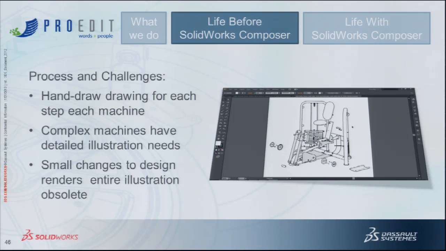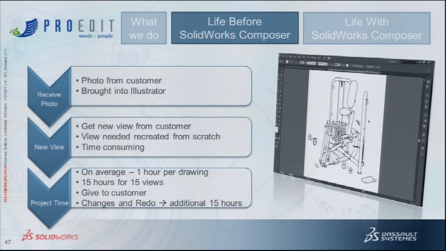So before SolidWorks Composer, we would have to go back through and manually change these illustrations, waiting for new angles and new assembly photos from the client. We basically hit the reset button on our work effort. We would have to reproduce an entire illustration with a small design change.